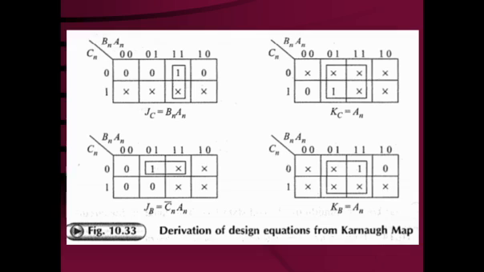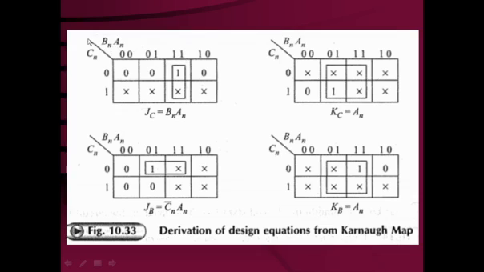Now encircling the real one. Here only one real one is there. That is going to be encircled here, and it is forming a pair. Pair means it is eliminating one variable and its complement. Remember, the variable which has two different values is removed. Here Bn has only the value 1, and the variable An also has only the value 1.